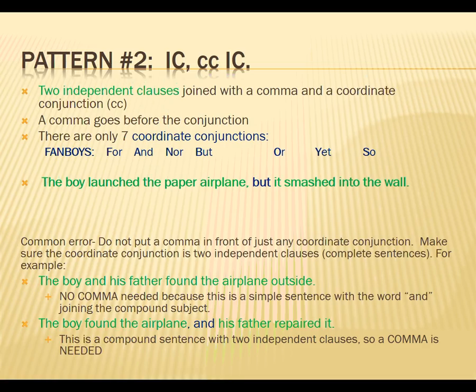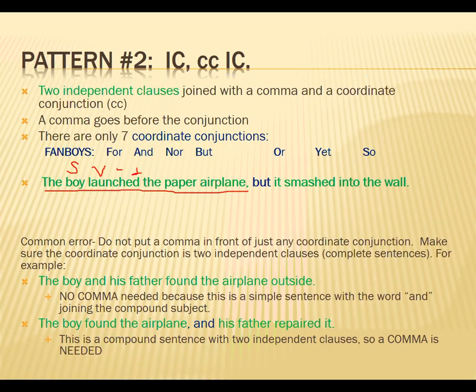An example of a compound sentence using a coordinate conjunction is, the boy launched the paper airplane, but it smashed into the wall. The first independent clause is, the boy launched the paper airplane. The subject, boy, the verb, launched. So it is an independent clause.